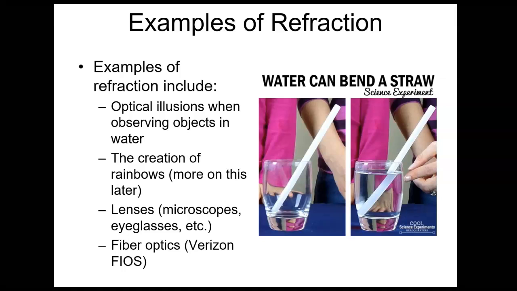Any type of lens, whether it's your eyeglasses, microscope, telescope, anything like that, involves refraction. If you wear eyeglasses or contact lenses, those are designed so that when light goes through those lenses, it bends and lands correctly on your retina. Your eyeball has a lens inside of it, and people with normal vision, when the light goes in, it goes through the lens in their eye, refracts, and hits their retina.